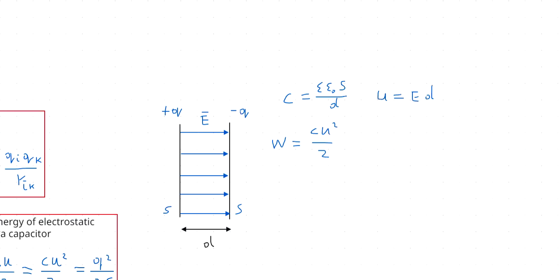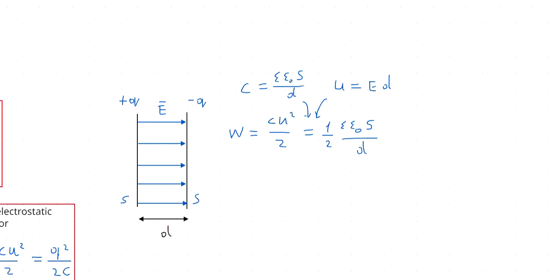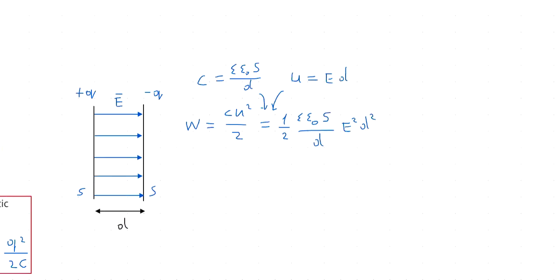So after substitution, we have one half epsilon 0 S divided by D, multiplied by E squared D squared. It is necessary to simplify this.